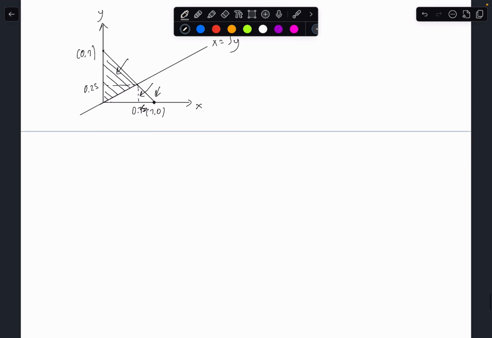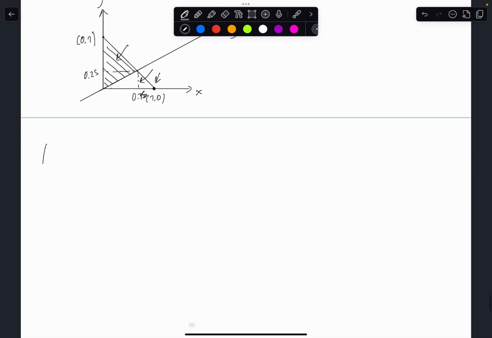In order to calculate this area, we can use this. We need to go 0 to 0.75 for x, and for y we need to go from x divided by 3 to 1 minus x. Write our function.